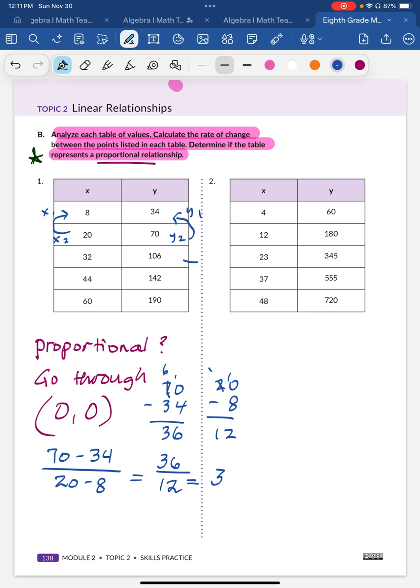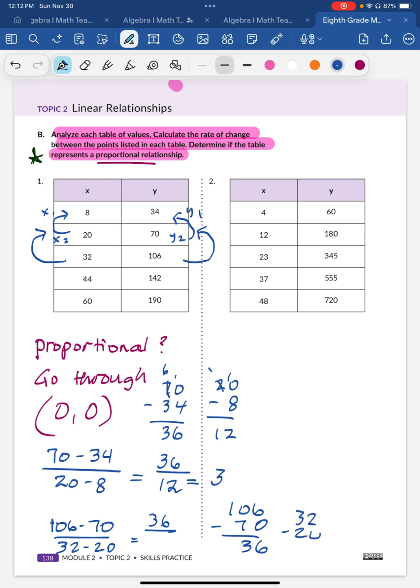So let's do another one. 106 minus 70 over 32 minus 20. So 106 minus 70 is 36. 32 minus 20 is 12. So once again, we have 3. Okay, so let's say our slope is 3. Remember, rate of change is another way of saying slope.